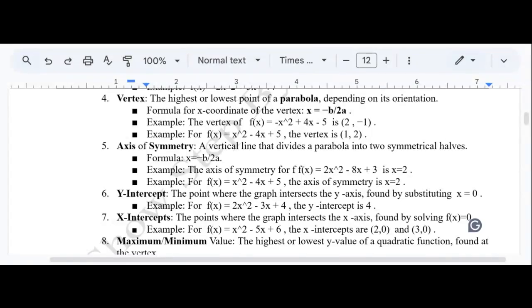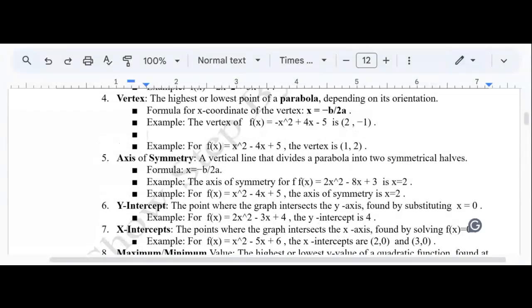2. Correct? Yes. Minus 1. Okay. Now we're going to replace x by how much? 2. So here f of 2 equals negative, and we put what? 2 squared plus 4 times 2 minus 5. 2 squared how much? 4.